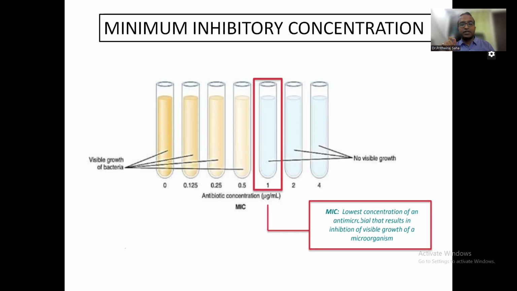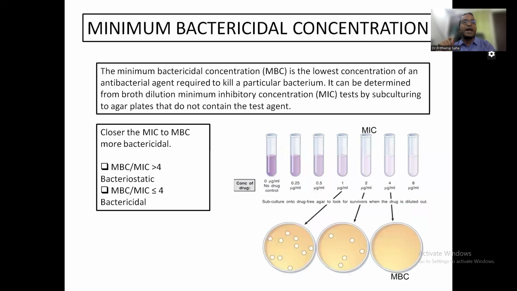But remember, I have said inhibited. Inhibition doesn't equal death. So the bacteria are still alive; we just cannot see the turbidity. This is the concentration at which the bacteria's growth is inhibited. It is not dead. So what is the minimum bactericidal concentration?